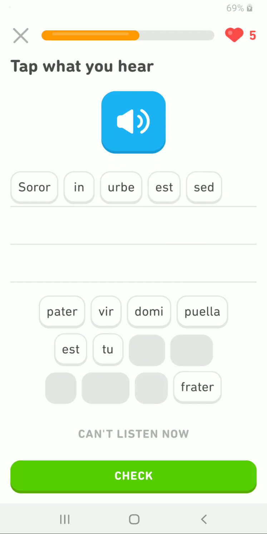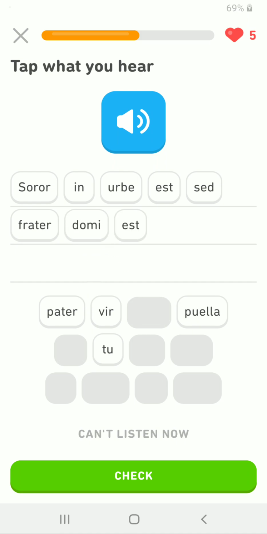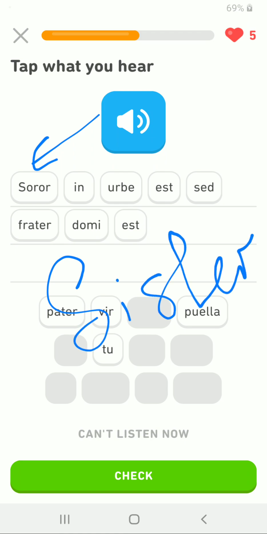Sed. Frater domi est. Soror in urbe est, sed frater domi est. Yes, so soror means the sister. We have seen frater, which is brother. Soror is sister.